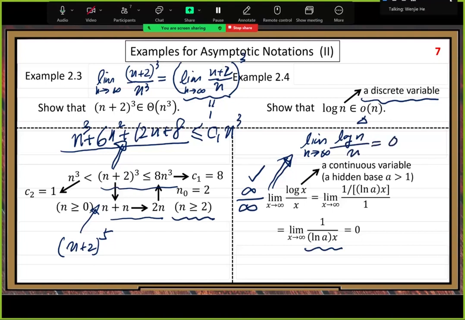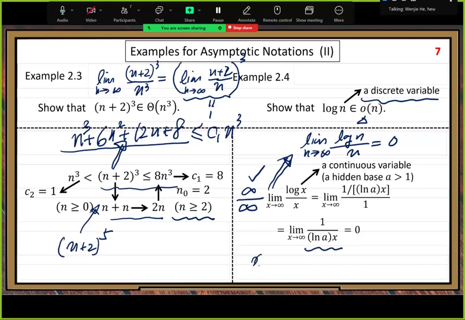Why? Remember last time I mentioned the definition of the limit. When x approaches infinity, it can take an arbitrary way to infinity, right?